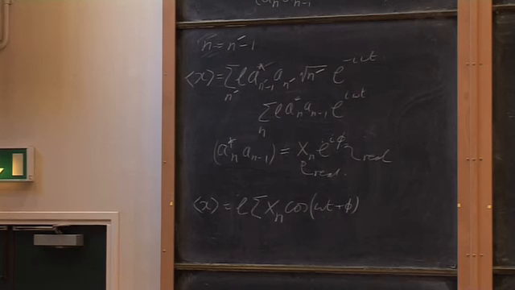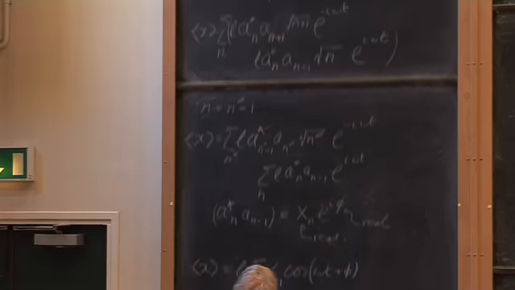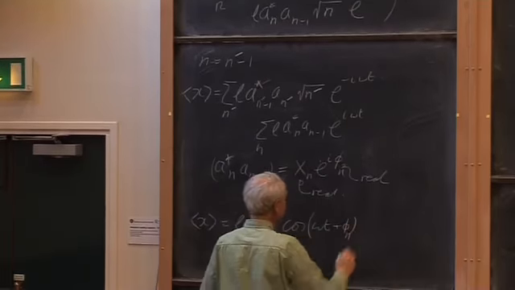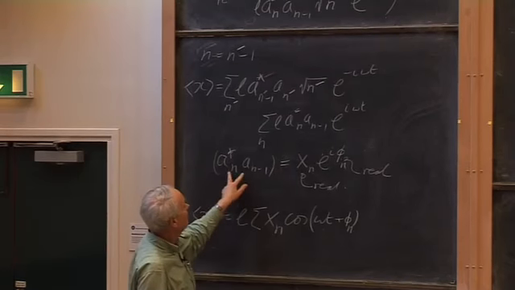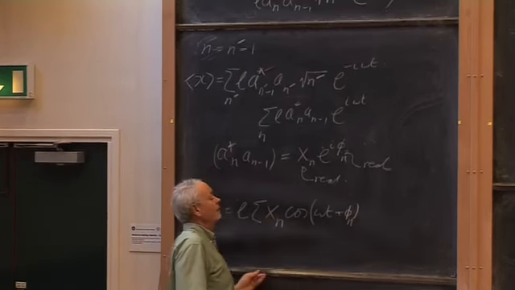Sorry, we need a phi_n on that, and this obviously needs an n, because each of these complex numbers has its own phase.